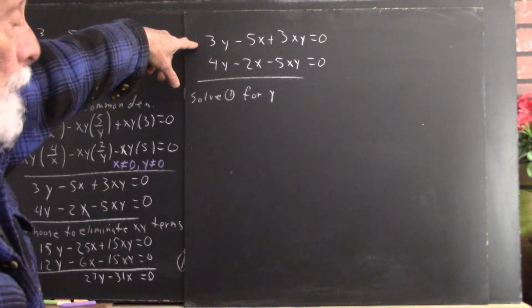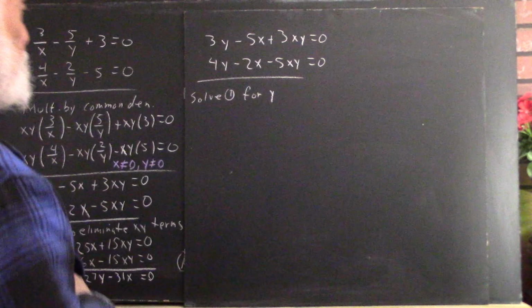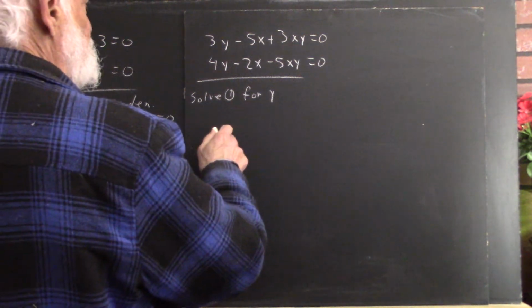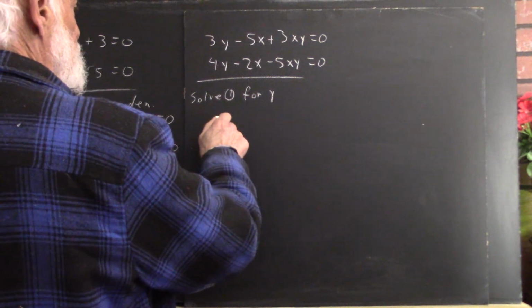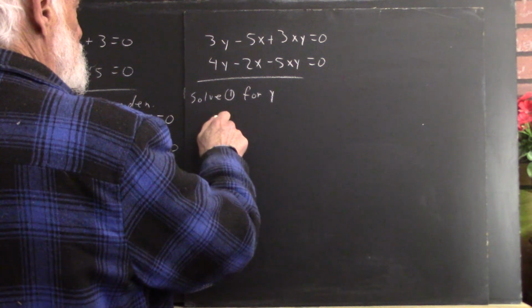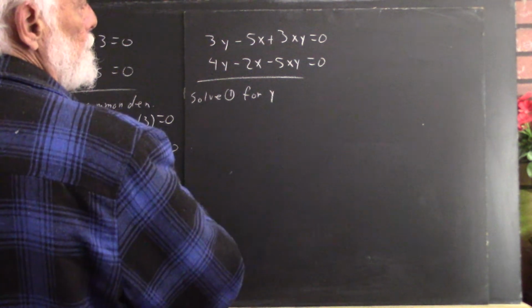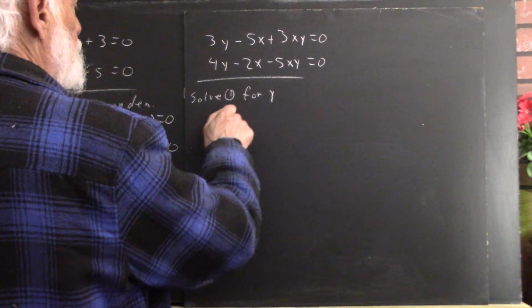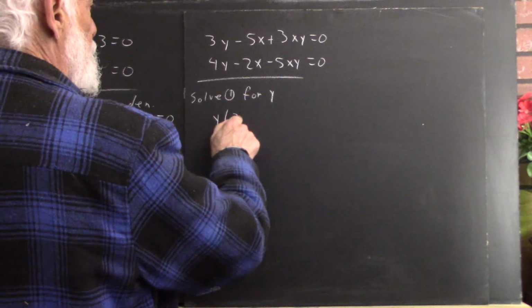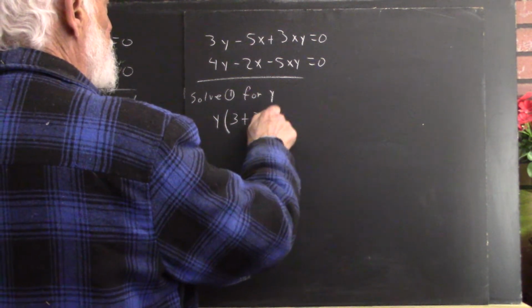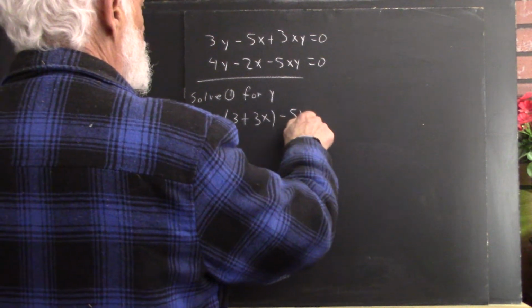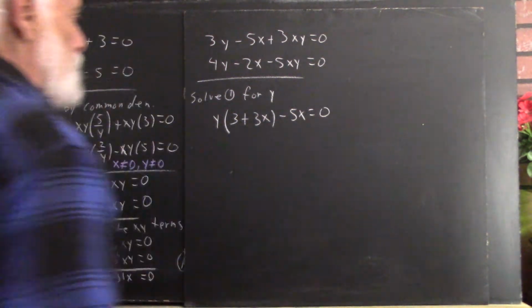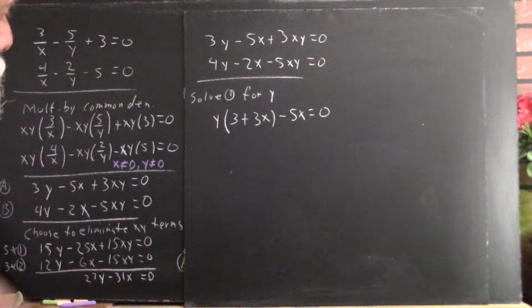I'll choose to solve it for y. And you get, write it this way, y times 3 plus 3x minus 5x equals 0.